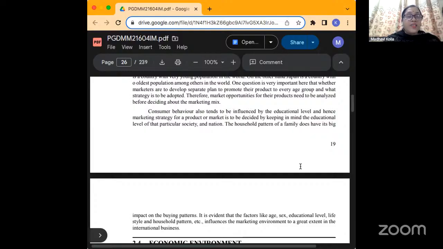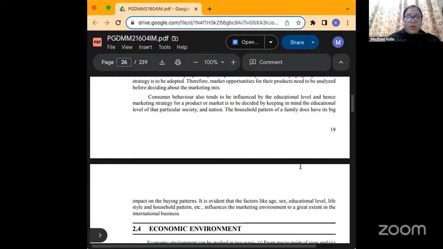So the target has changed, the positioning has changed. However, the base product may remain the same. So the product has been adapted. So that is what we are trying to say. A product has to evolve, a product has to change, a product has to be receptive to the new environment.